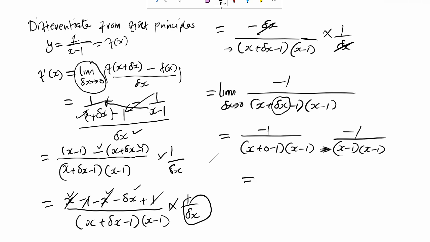Remember, when you multiply x minus 1 times x minus 1, you get x minus 1 squared. So the differential coefficient for y equals 1 over x minus 1 from first principles gives you -1 over x minus 1 squared.